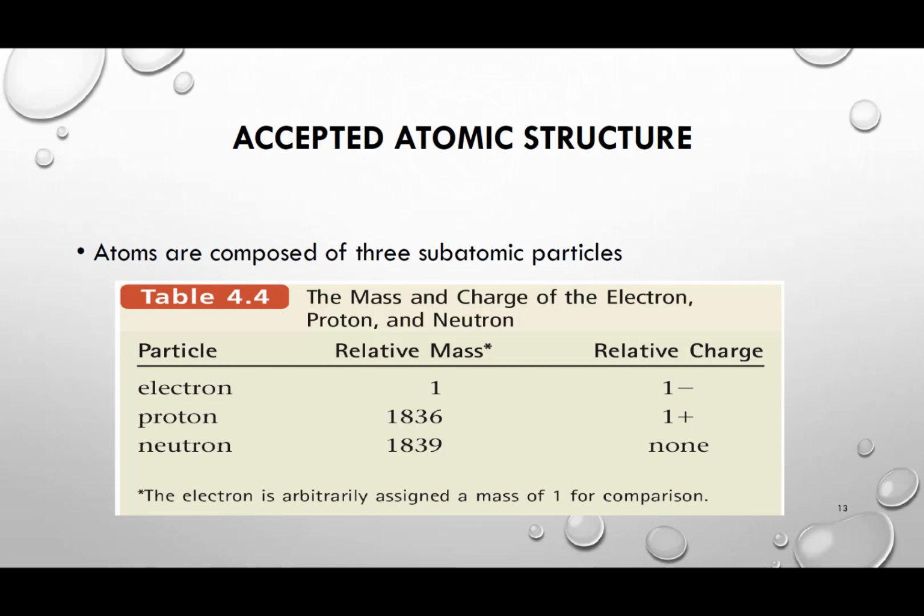All right, let's quickly go over the structure of the atom. It's made of electrons, protons, and neutrons. Electrons are outside the nucleus. Protons and neutrons are inside the nucleus.